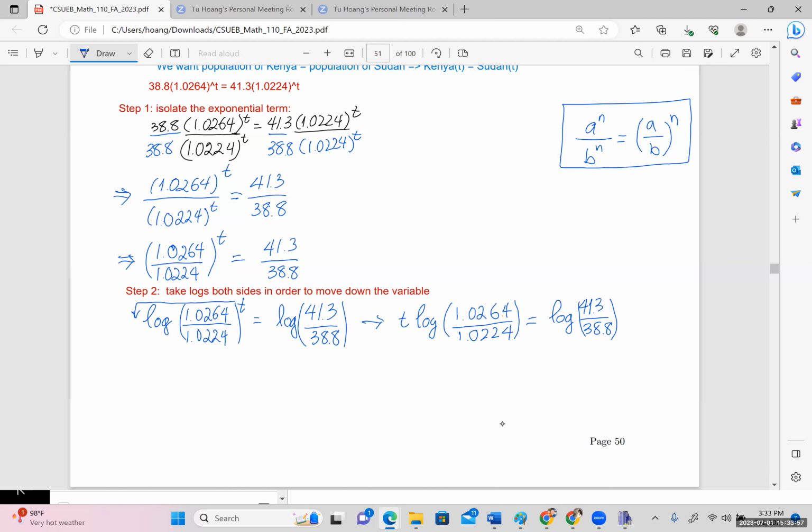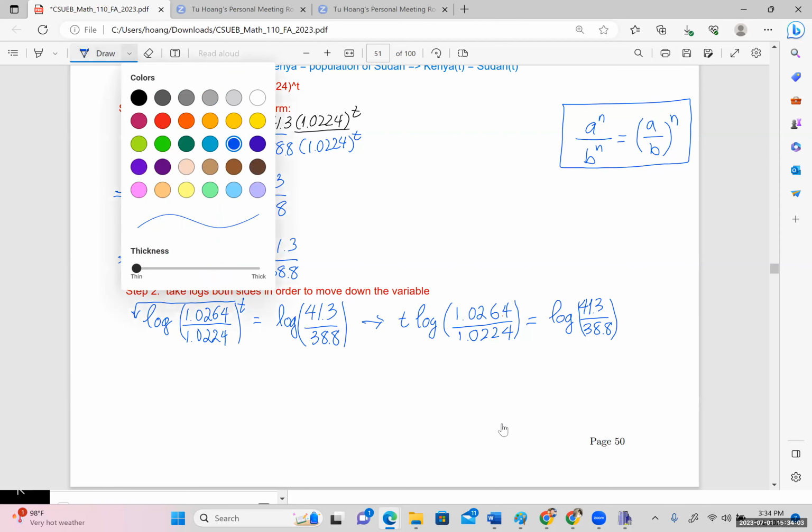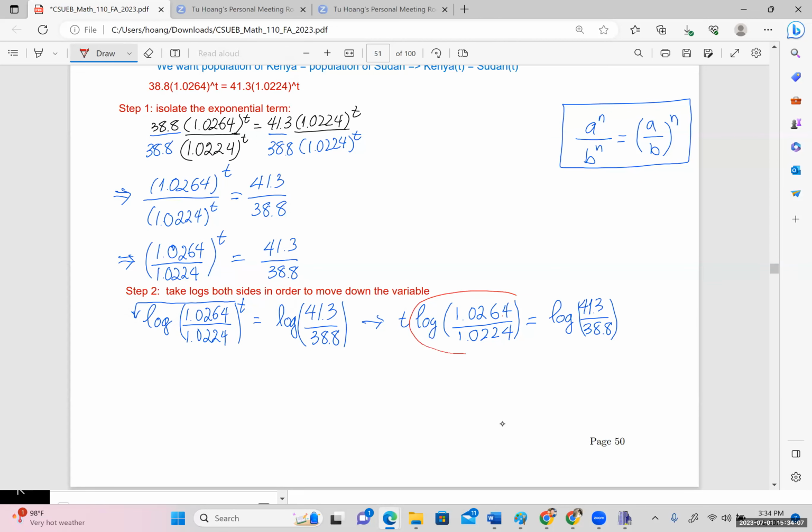So we can now find t by trying to isolate t alone, right? You can divide both sides by this factor to isolate t alone.